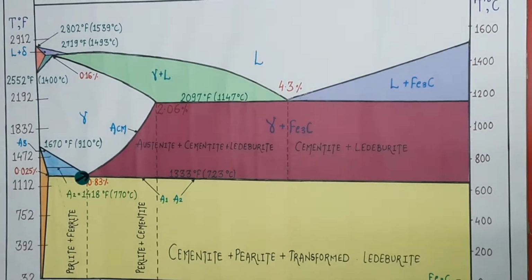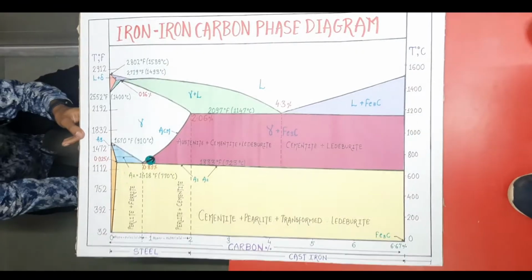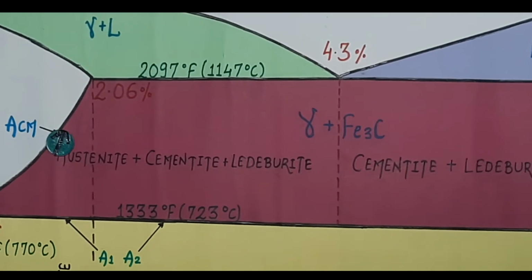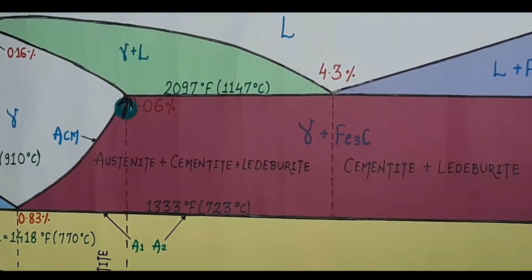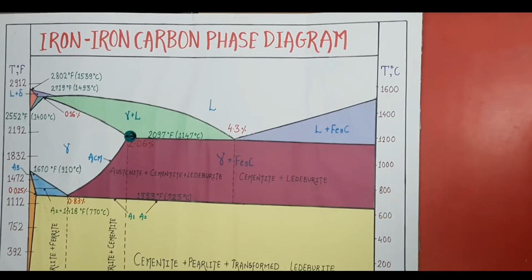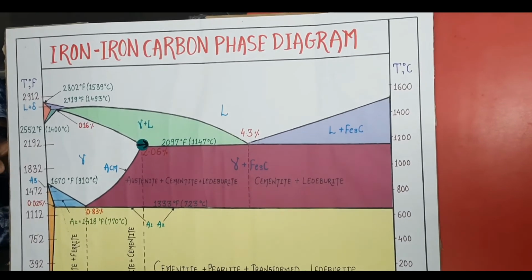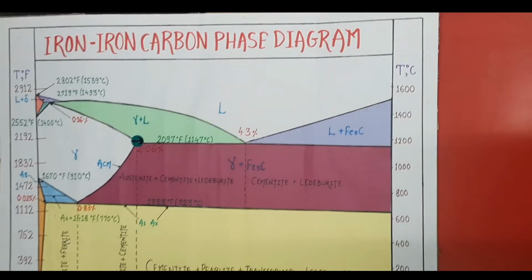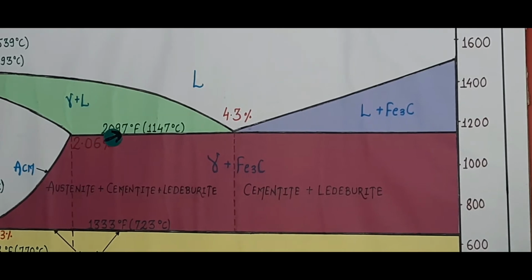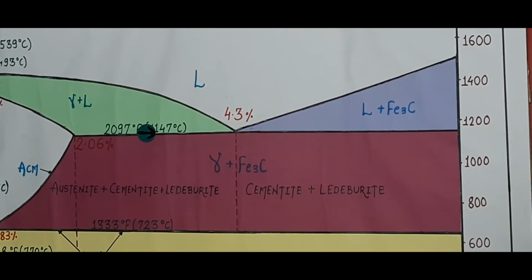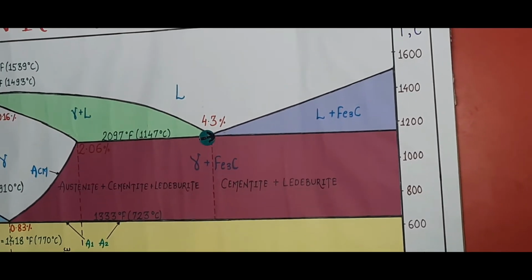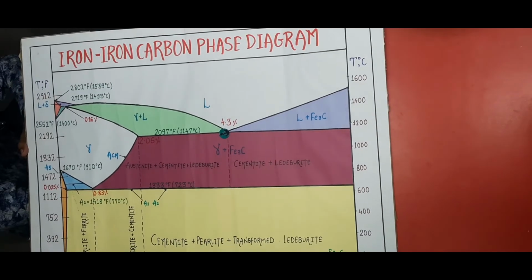As we continue further, at this point we have 2% addition of carbon. Further we continue to this point, which is called the eutectic point.